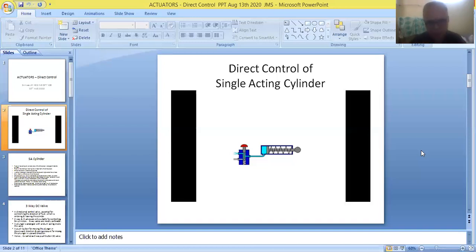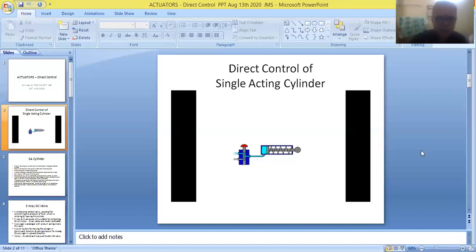So valve positions are very, very important for moving the pistons arranged inside the cylinder. If the valve comes to the first position, then the piston moves in the forward direction. And if the valve comes to the second position, automatically the piston moves in the reverse direction.